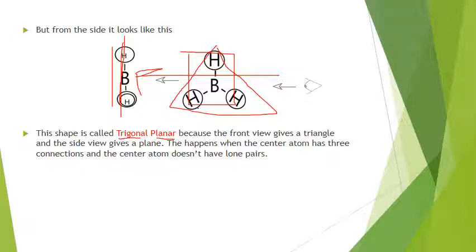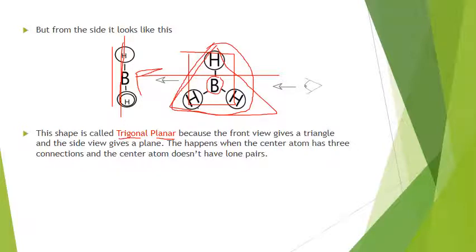Okay, now just like we did in the previous example, by knowing the center atom and what atoms and lone pairs are attached to it, we can determine its shape. So if I just draw this out, you can determine what its three-dimensional shape is.